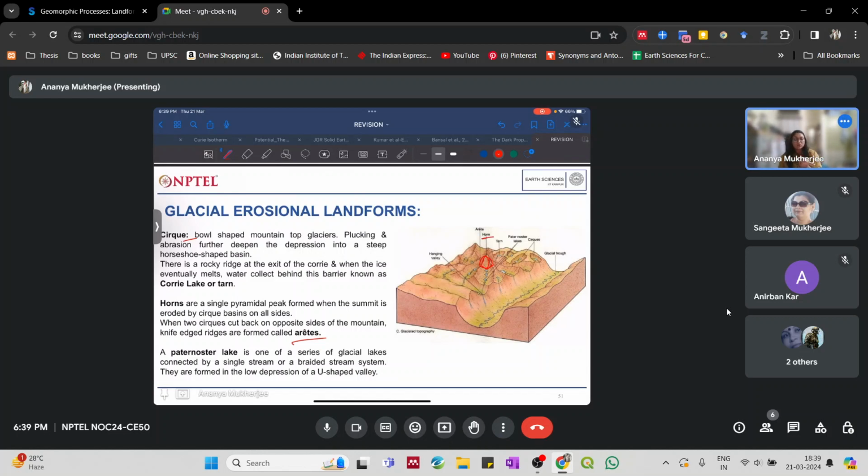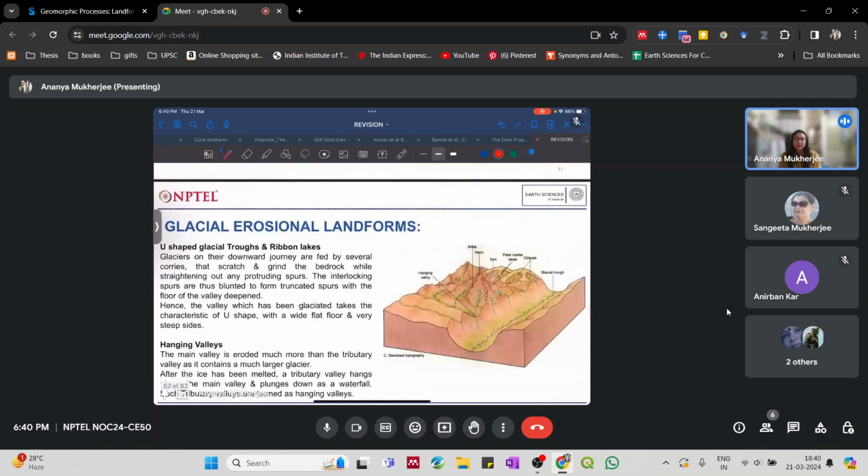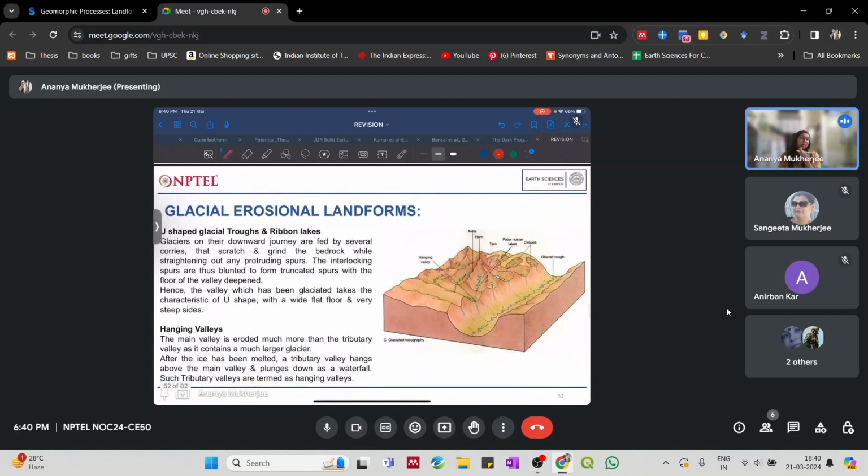Then you have Paternoster Lakes, which are a series of glacial lakes joined together that form a linear lake. Then the other vast type of landforms created by glaciers are the U-shaped glacial troughs, or U-shaped valleys, and the hanging valleys.